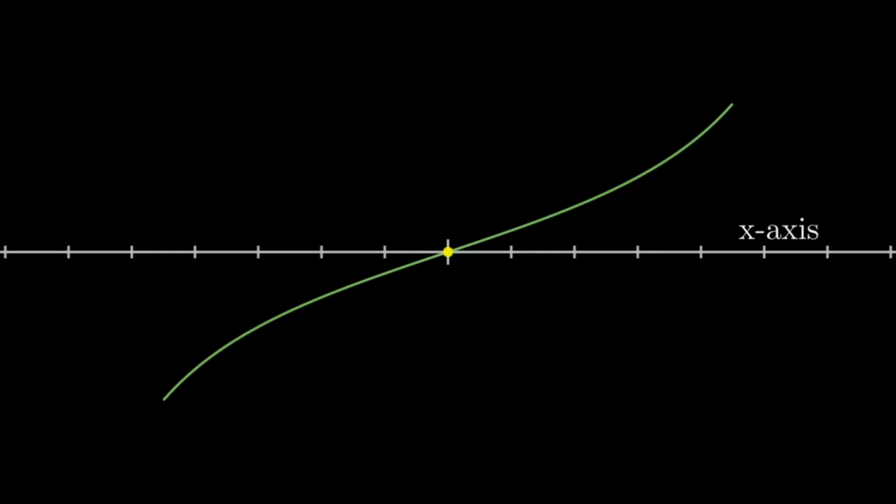If the curve cuts at x equals a, all the functional values to the left are negative and to the right of x equals a are positive.